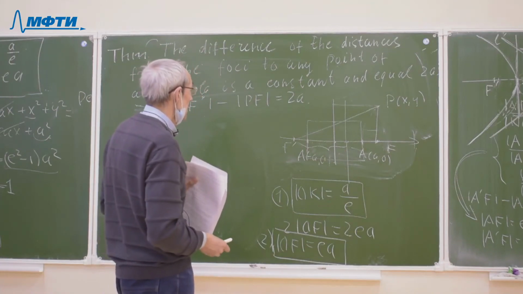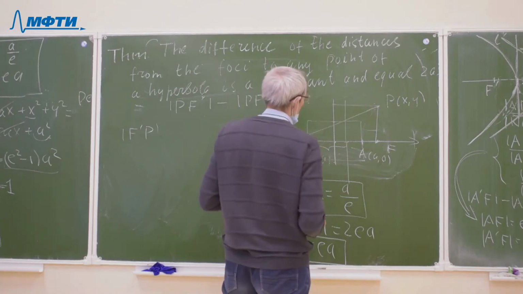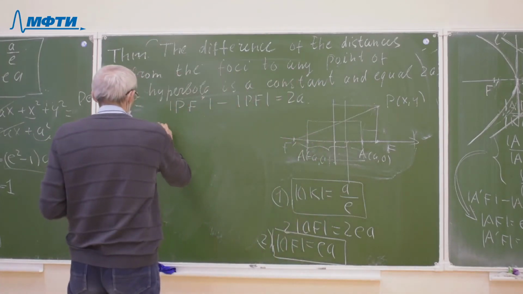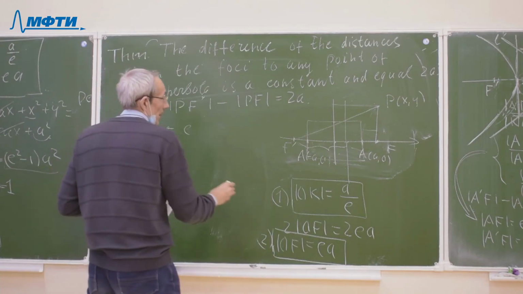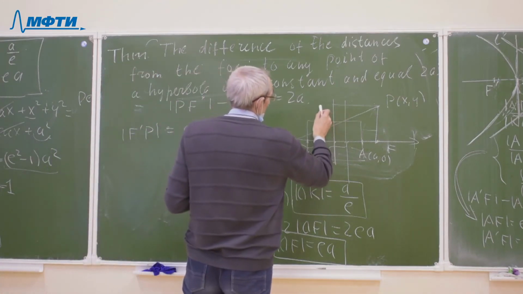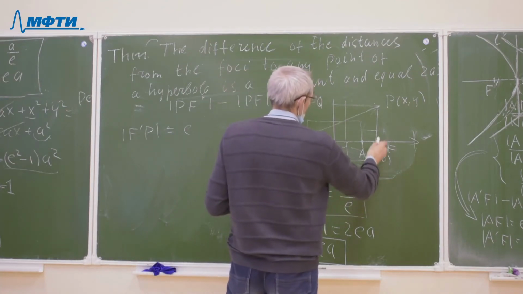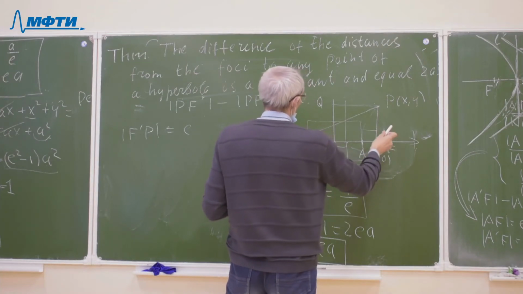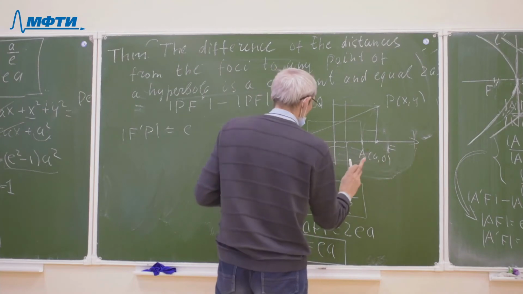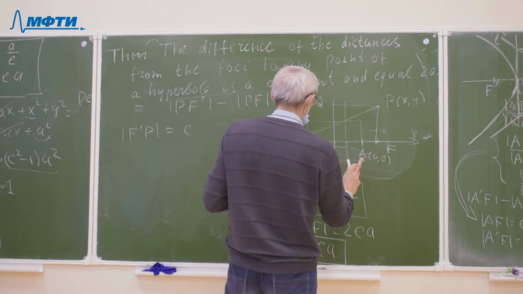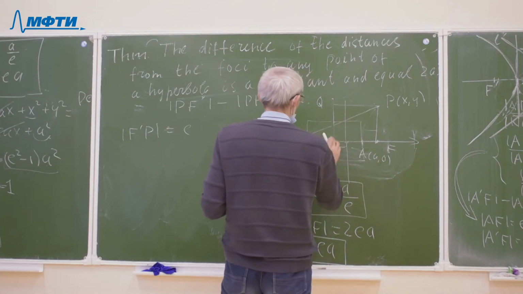This ratio is equal to epsilon, and the distance PF, and I'm sorry, FA.